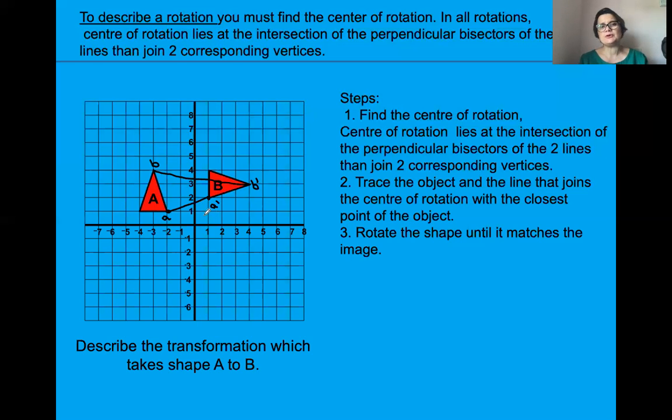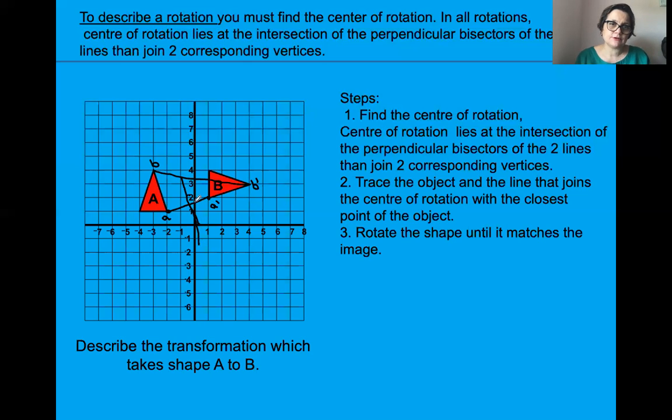But at the moment, I'm going to estimate where the perpendicular bisector is for each of these lines, so A prime. I'm going to estimate the perpendicular bisector would be somewhere here.